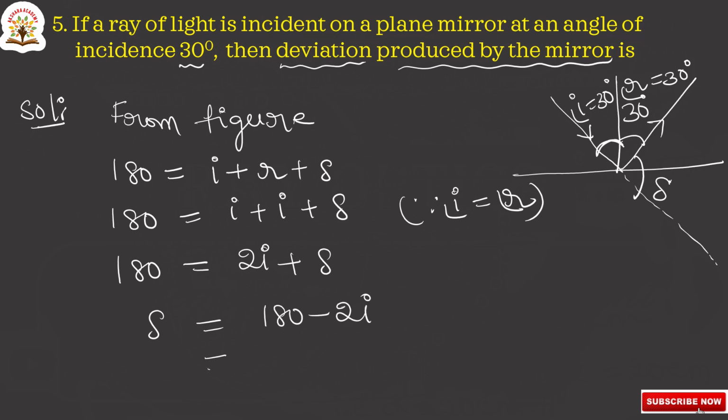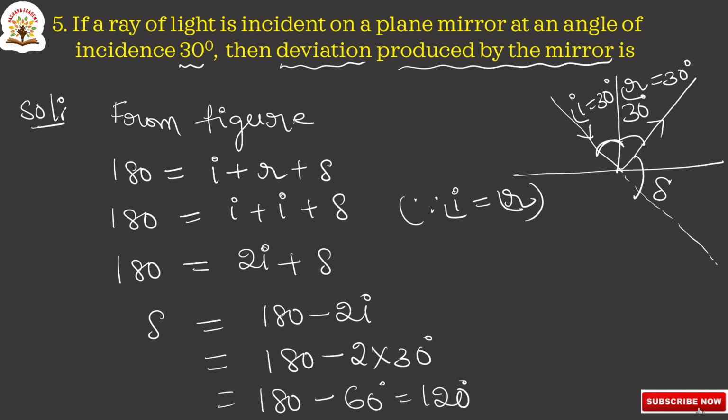So that is equal to 180 minus 2 into angle I, they given as 30 degrees. So 180 minus 60, 120. So the angle of deviation is equal to 120.